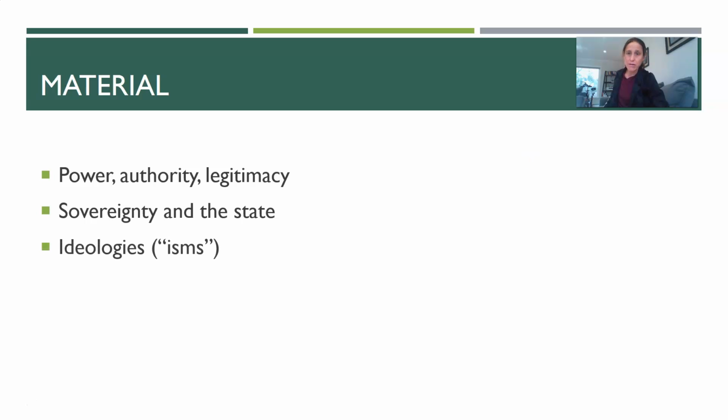We discussed the different political ideologies, what we call the isms. If you remember, liberalism, conservatism, socialism, fascism, right? All of those different ones, communism. You need to know some general ideas about each one of those.